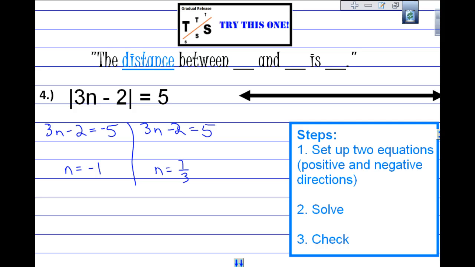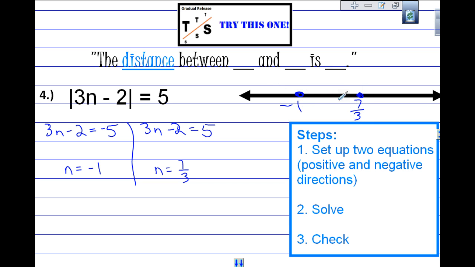How do I graph those two? This makes it easy because the only thing you have to figure out usually is which one's bigger, which one's smaller. But of course, if you have a negative, that's small. So negative 1's here. And I'm putting these in random places. I'm not making sure it's scaled.